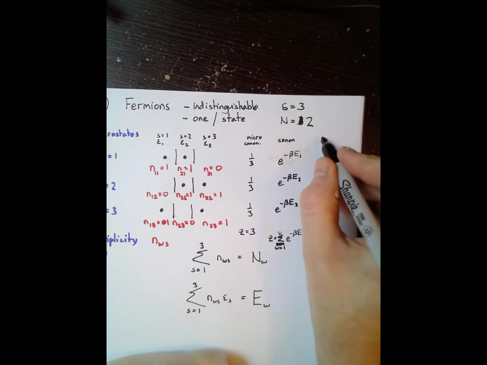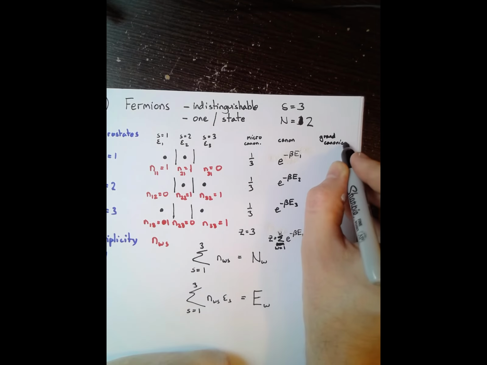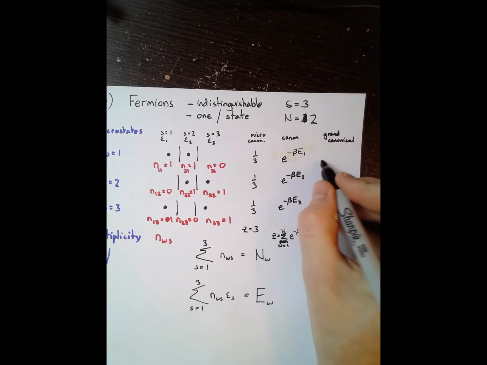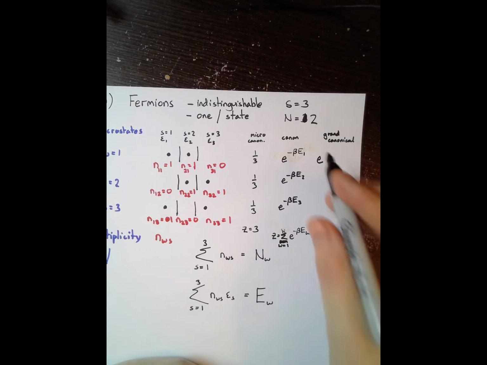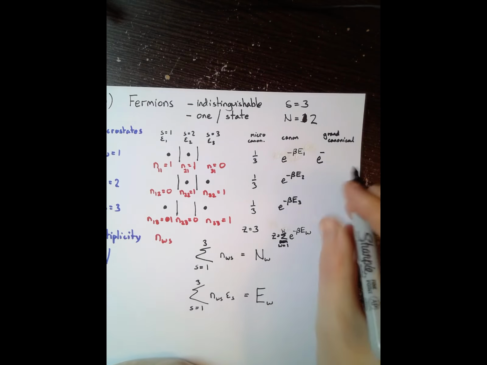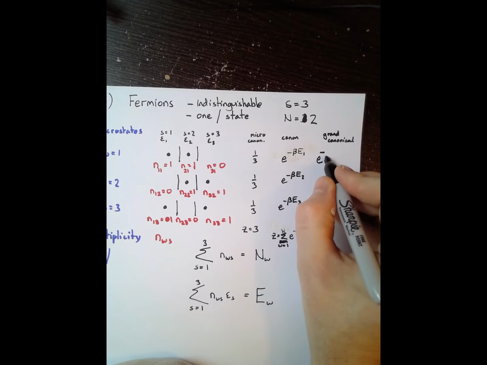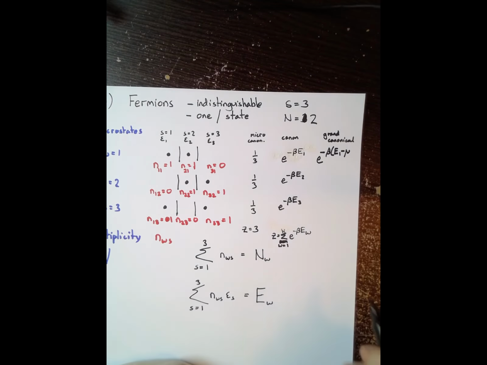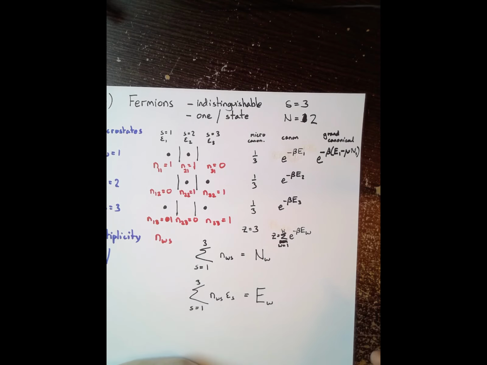And then finally, for the grand canonical ensemble, both energy and particles are allowed to be exchanged with the reservoir, and then the probability of each microstate is proportional to the Gibbs factor, which is e to the minus beta into E1 minus the chemical potential times the number of particles in that state, N1.